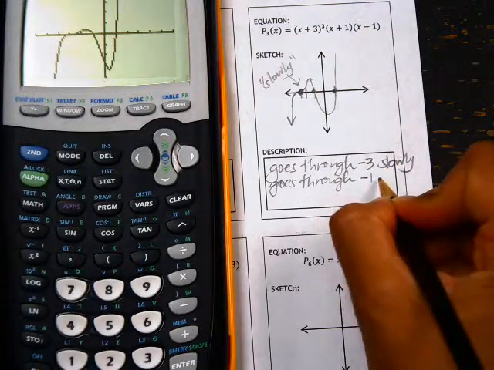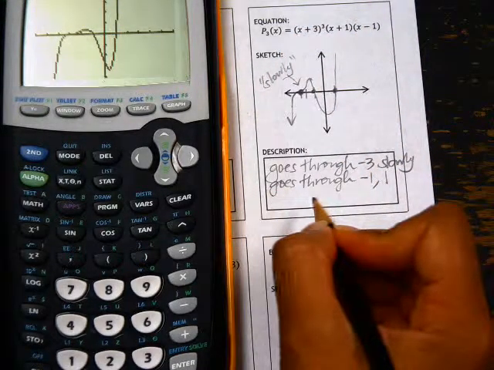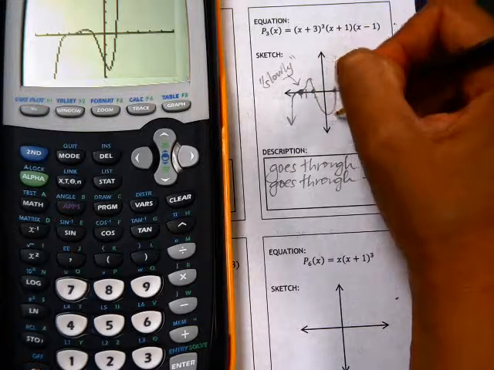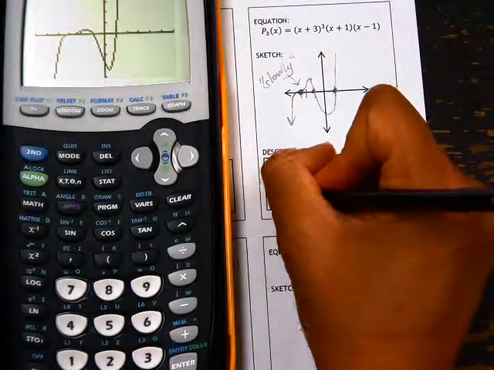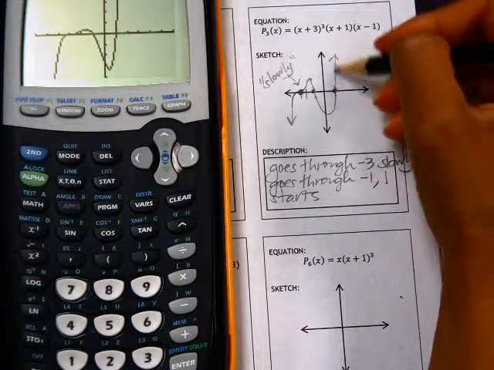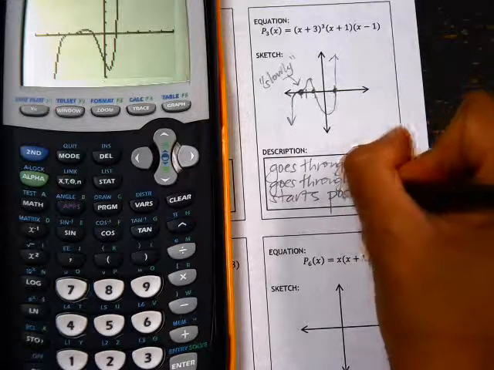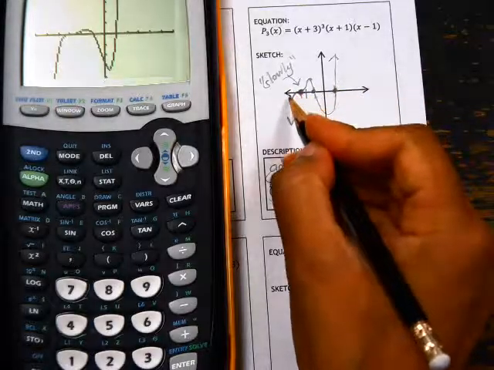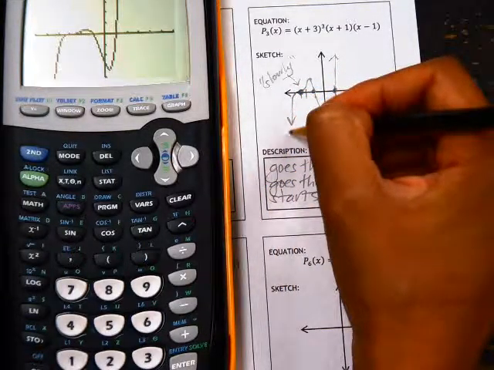So -1 and +1 is just going through. Not going through slowly, but just going through. The graph starts positive because it starts here above the x-axis. And the graph ends negative because it's ending below the x-axis.